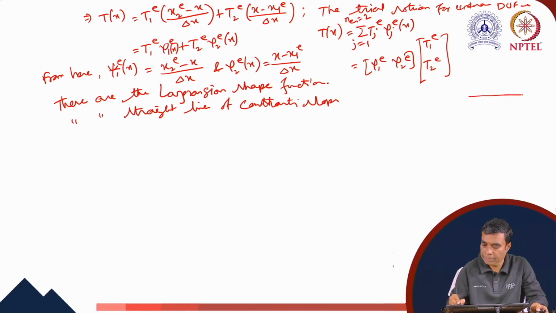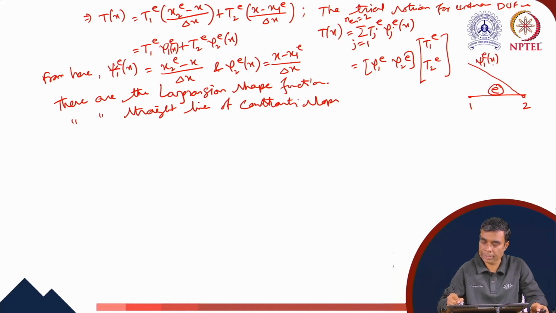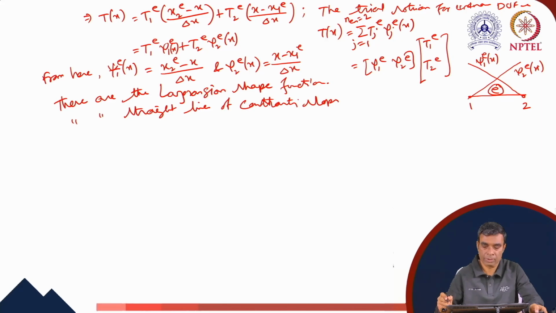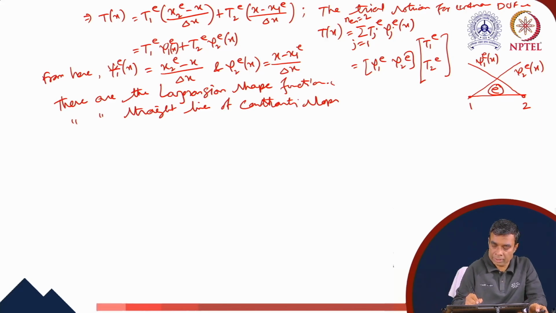So this is the element, local node number 1, local node number 2. Then this is our psi 1e(x), and this is our psi 2e(x). These are two straight lines. So these are local shape functions, in terms of global or actual coordinates.